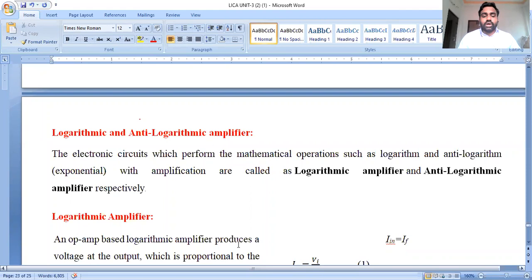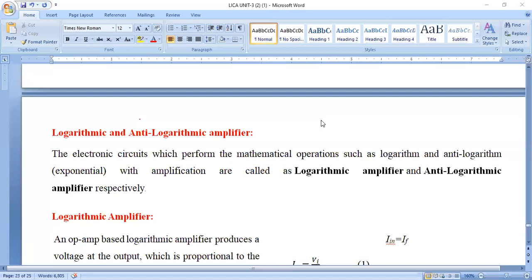Other than these mathematical operations, this logarithmic amplifier is an aspect of nonlinear applications of the operational amplifier. Here it will use a diode or a BJT.